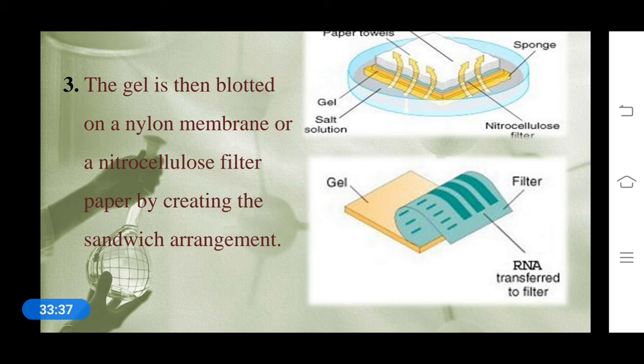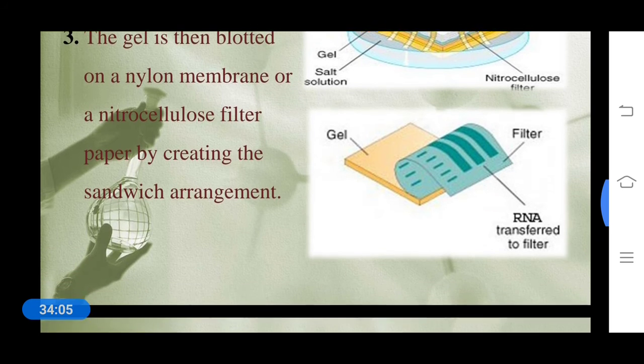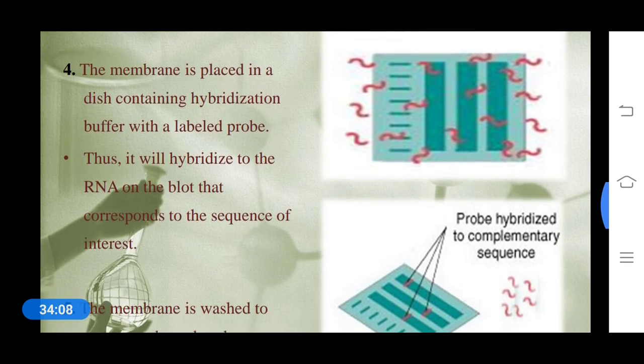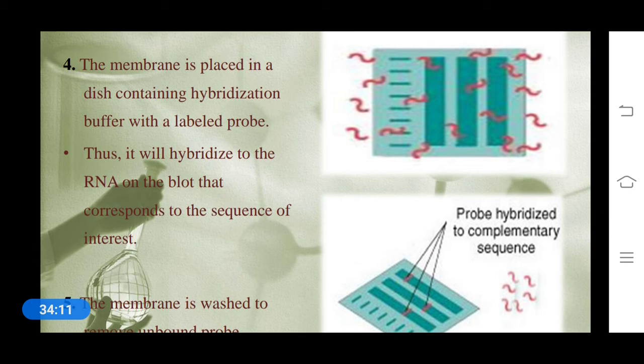A sandwich is arranged: a bottom support on which the gel is placed, nitrocellulose filter paper over the gel, and paper towels on top, and this arrangement is placed in a salt solution, which supports the transfer of RNA bands from the agarose gel onto the nitrocellulose paper. Later the nitrocellulose paper is incubated with the probe for hybridization.